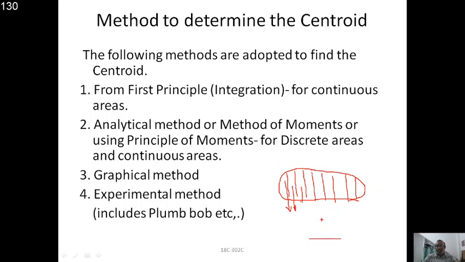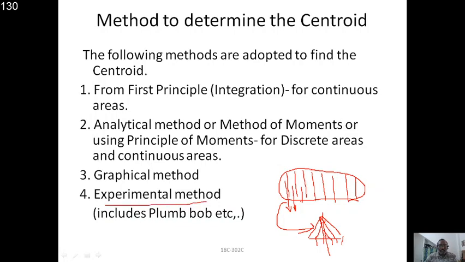Then draw some area graphs and locate the centroid like this. So you have to locate these lines, and they will meet at some point. If I take some A, B, C like that, you will get the resultant point in the middle, or nearer to the middle.